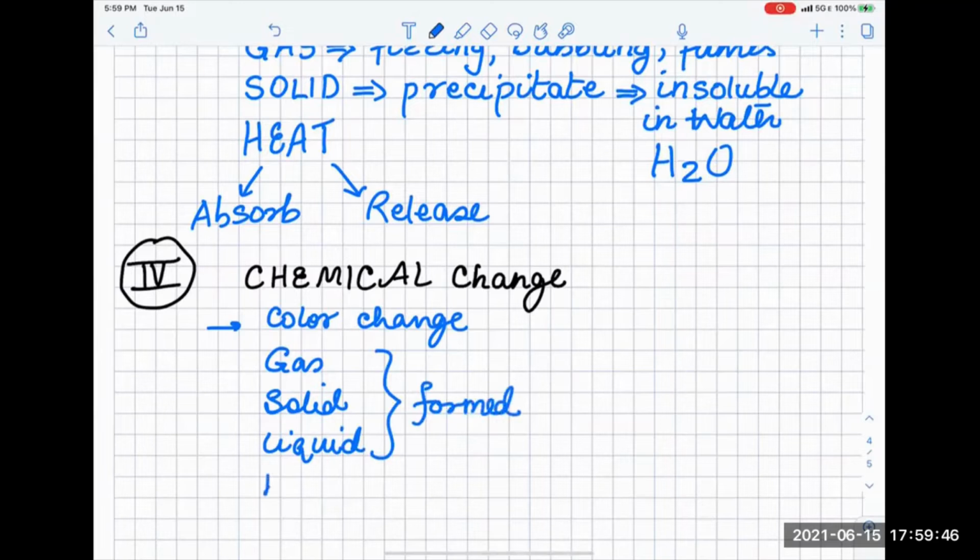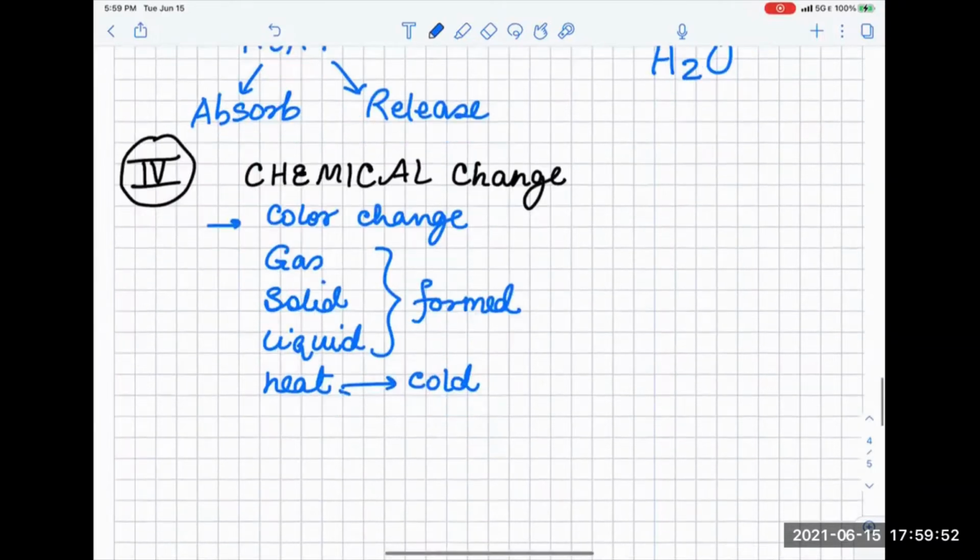Okay, and evolution of heat: either the reaction feels cold, or the reaction feels hot. When you touch the test tube and it feels cold, that means it's absorbing heat.